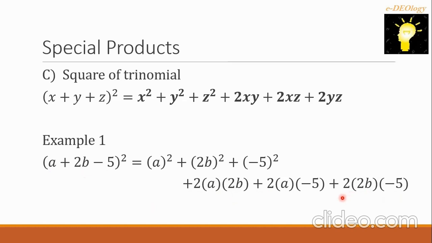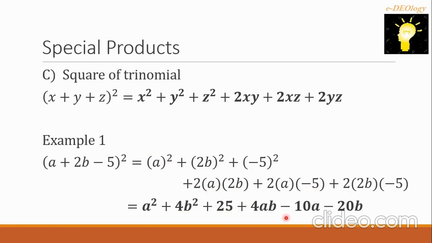Next, I'm going to simplify now the 6 terms. So this term here becomes a squared. The 2b squared is 4b squared. The negative 5 squared becomes positive 25. For the fourth term, 2 times a times 2b will give 4ab. For the fifth term, we multiply 2 times a times negative 5, we'll get negative 10a.